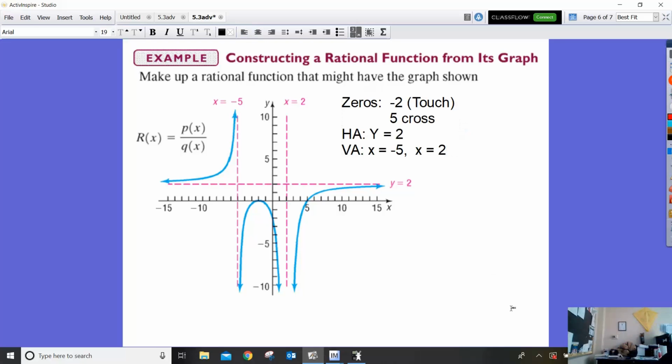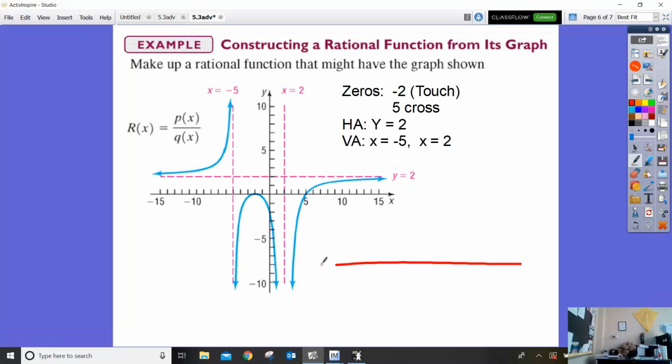Now, those vertical asymptotes were created in the denominator when we attempted to do what? Divided by 0. They're really easy to create. What factor creates x equals -5? That's plus 5. What factor creates x equals 2? That's -2. That's your vertical asymptote stuff right there.